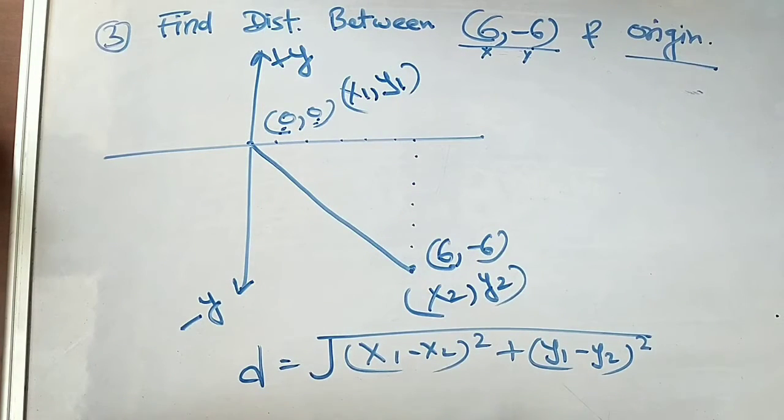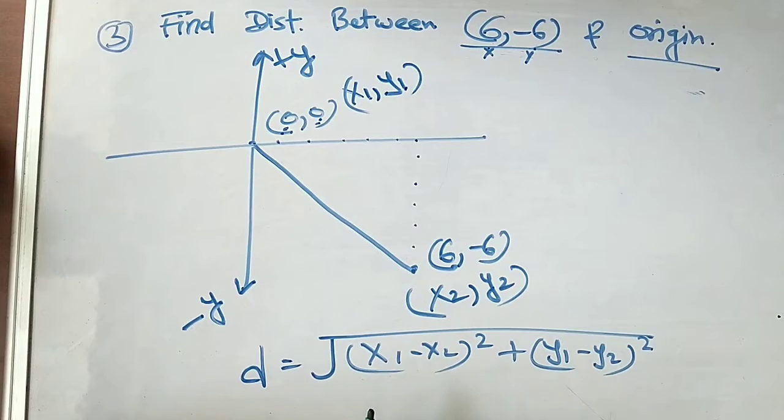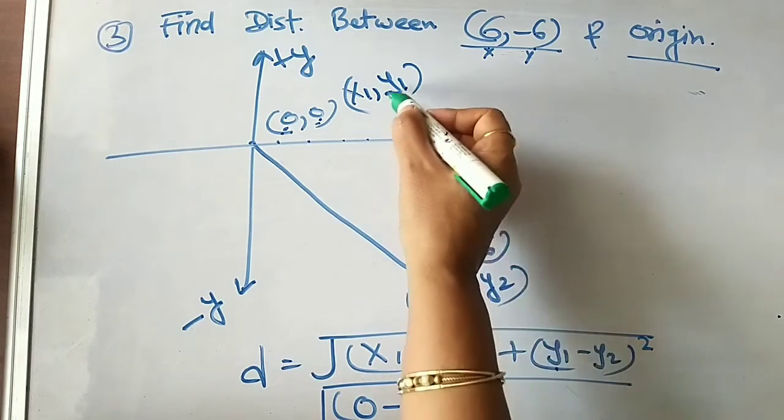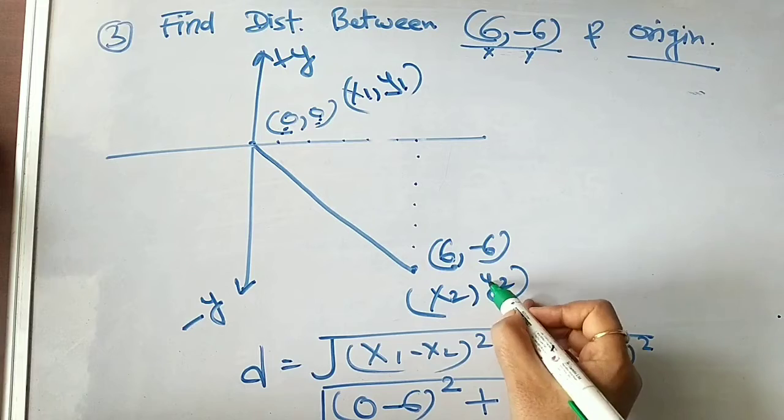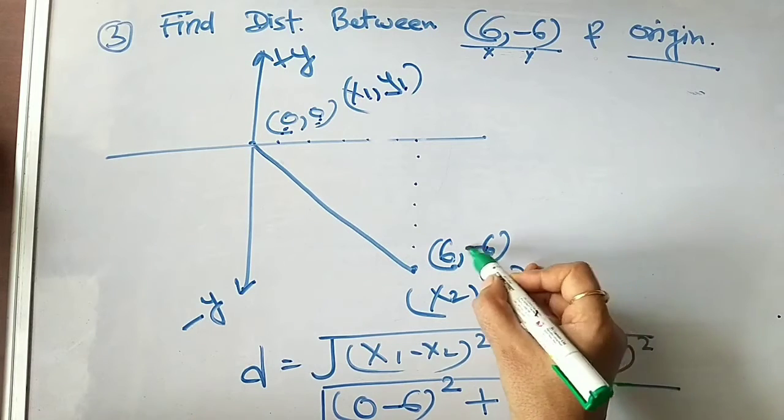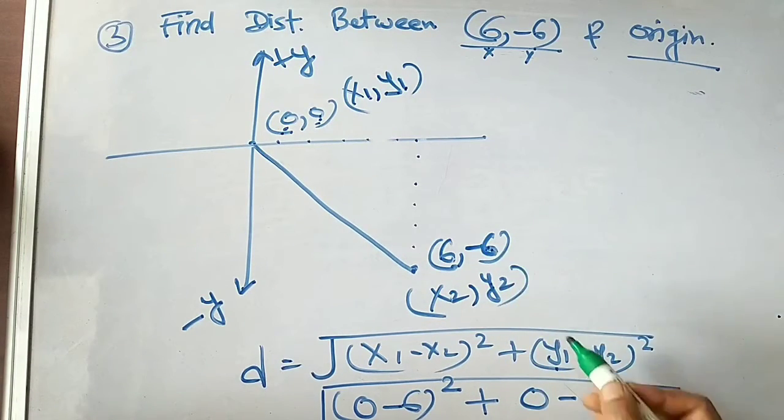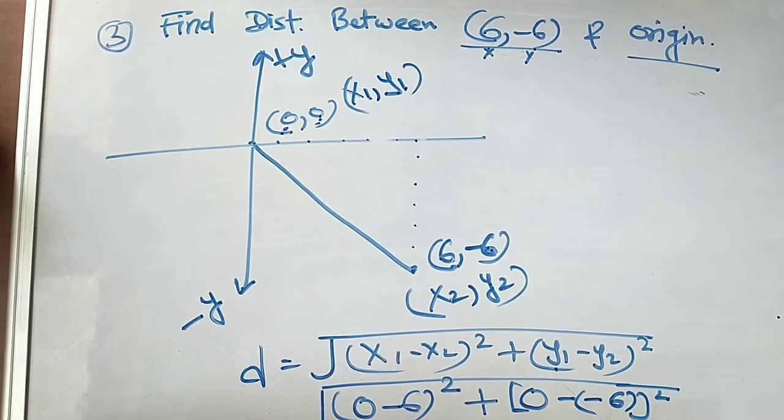Okay, so let me put in the values. So 0 minus what is x2, 6, square. Now plus y1 is 0 minus y2 is, remember, minus 6. So I have to put minus with the minus sign, right? Minus of minus 6 square. Okay, this minus is this and this minus 6 is this.